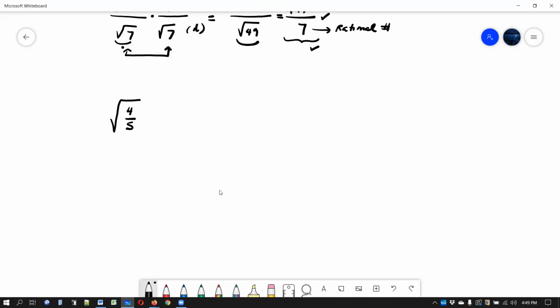Over 5. So in the first step of this problem, we would break the radical into 2, radical 4, radical 5. And before you even do anything, you realize that this is simplifiable.